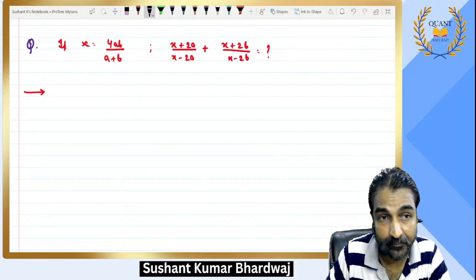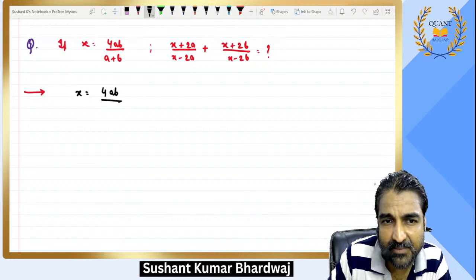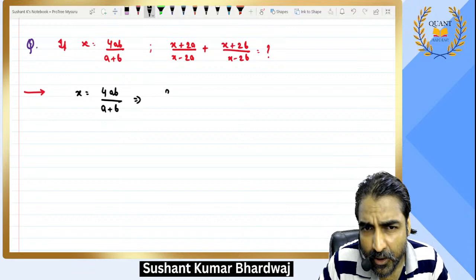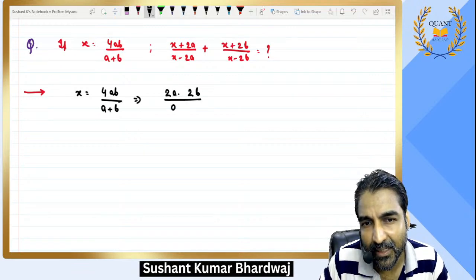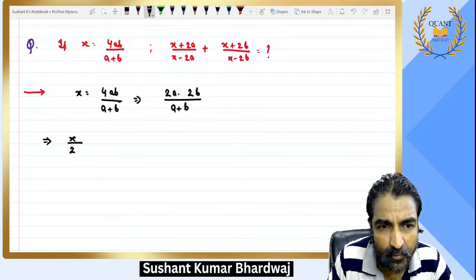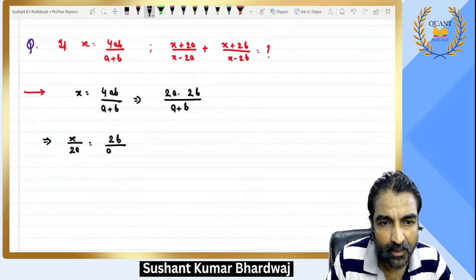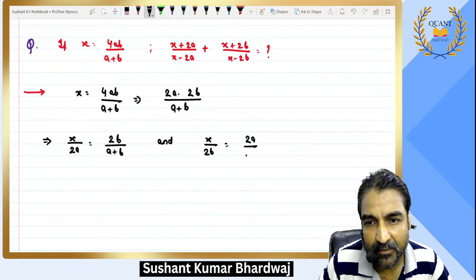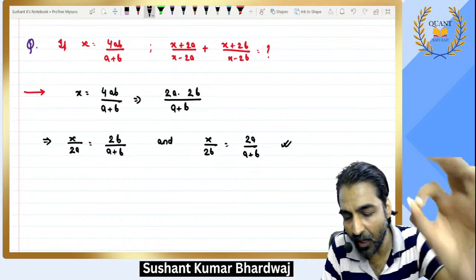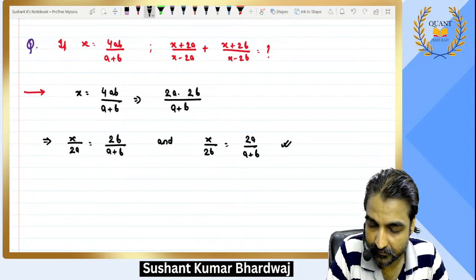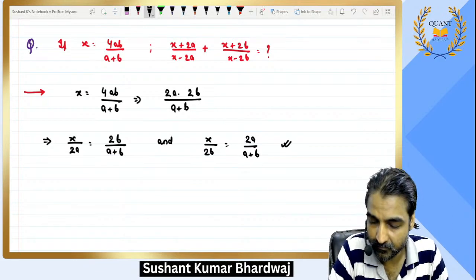See how? Remember, we have x is equal to 4ab upon a plus b. This implies 2a into 2b upon a plus b. Am I right? Now this implies x upon 2a is equal to 2b upon a plus b, and x upon 2b is equal to 2a upon a plus b. Any doubt till now? Is it clear?